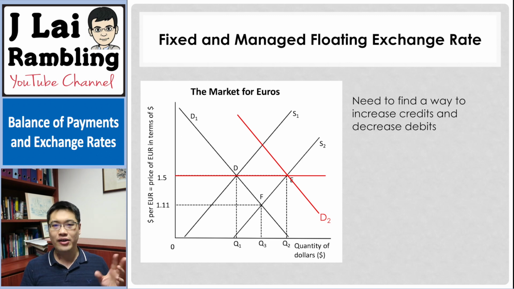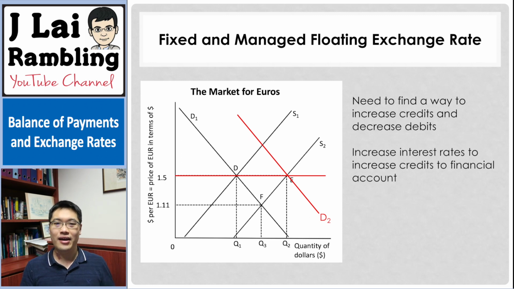So we need to find a way to increase the credits and decrease the debits. Increase the money that is flowing in, demanding more of those euros. One of the methods is to increase interest rates.